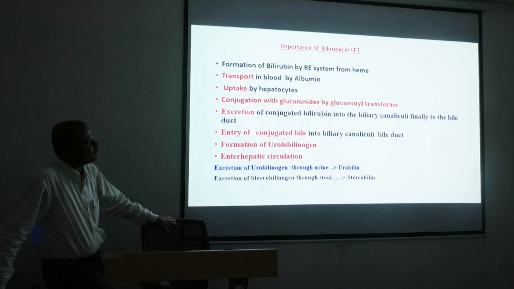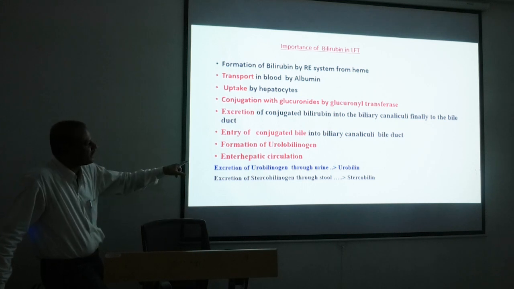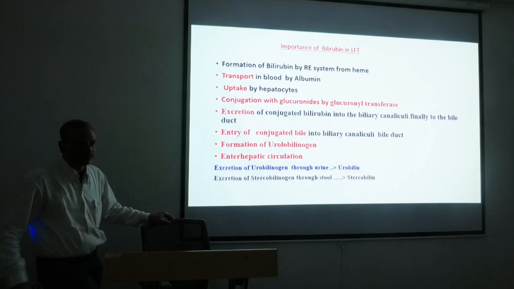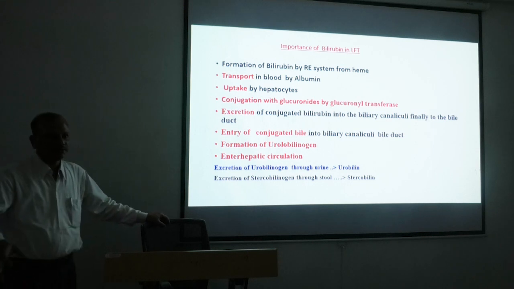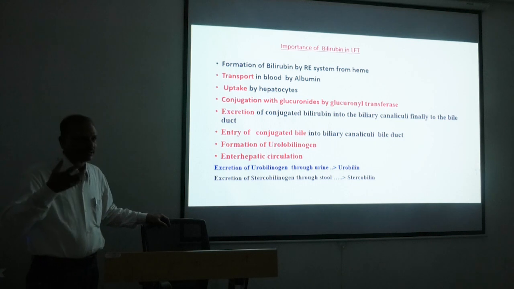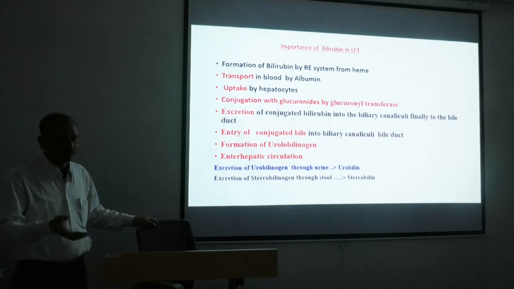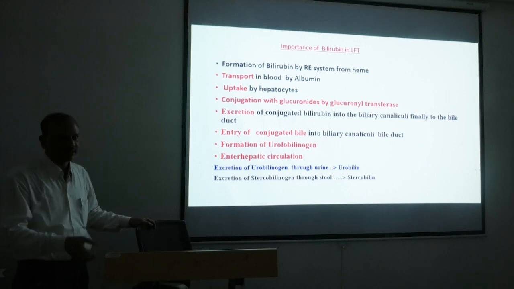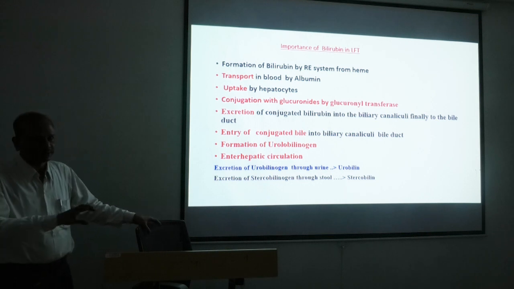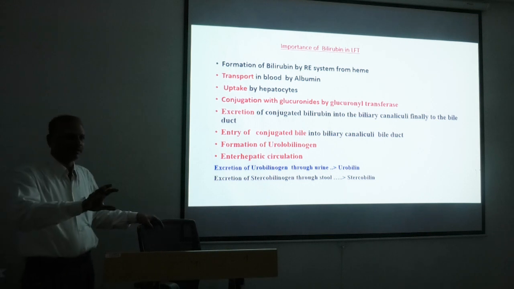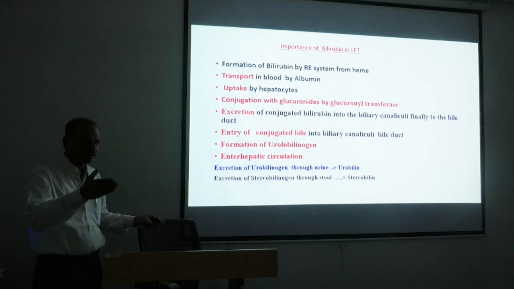Then entry of conjugated bile into the bile duct, formation of urobilinogen. Then enterohepatic circulation: you must know that urobilinogen is reabsorbed by the portal vein, recirculated again and re-excreted. A majority of that urobilinogen, which is converted into stercobilin, passes through stools.